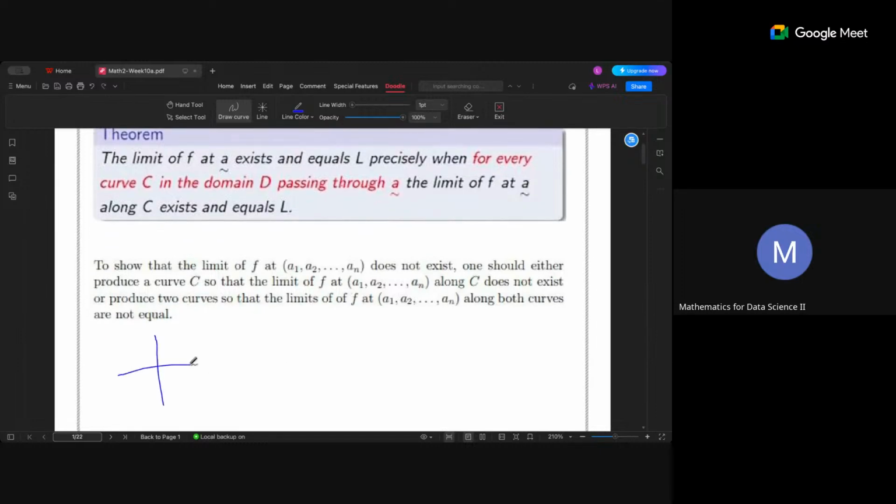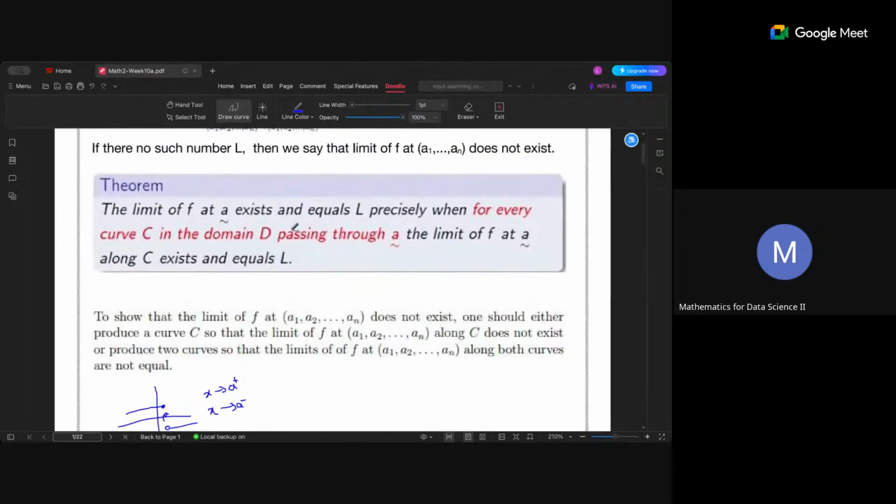In case of one variable functions, we look at the left hand limit and right hand limit of a function. Suppose this is some function and this is your point A, then x goes to A plus and x goes to A minus. This is what you see for the existence of the limit at A. In case of a multivariable function, instead of just right and left, we have to look at every curve in the domain D passing through A tilde.